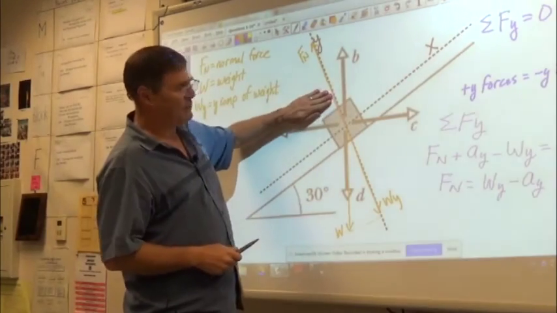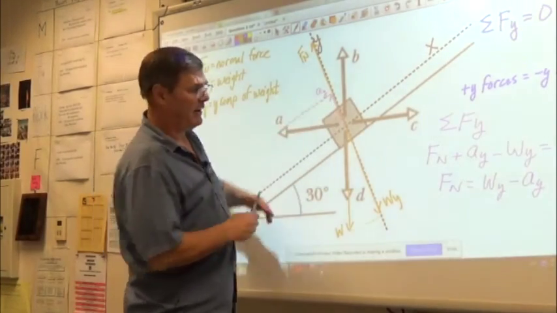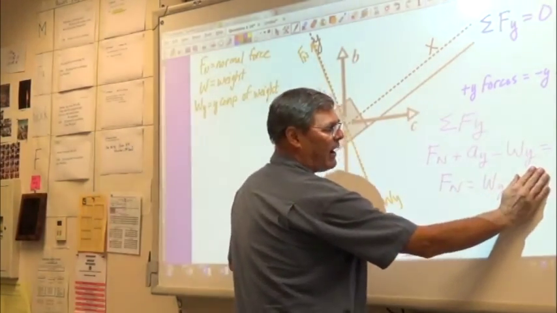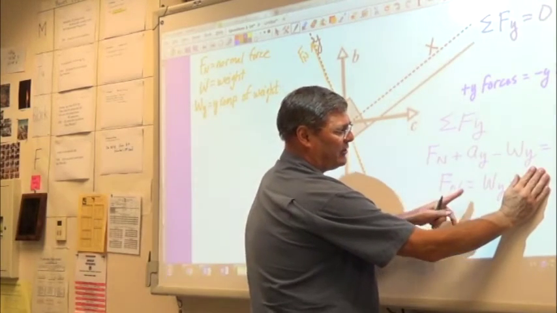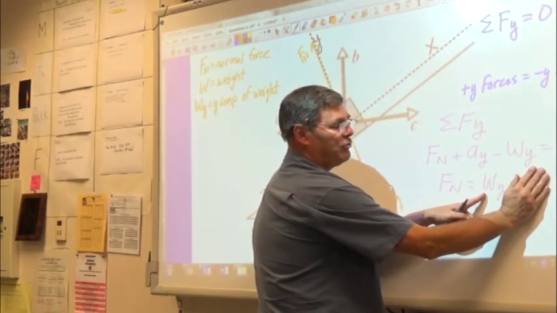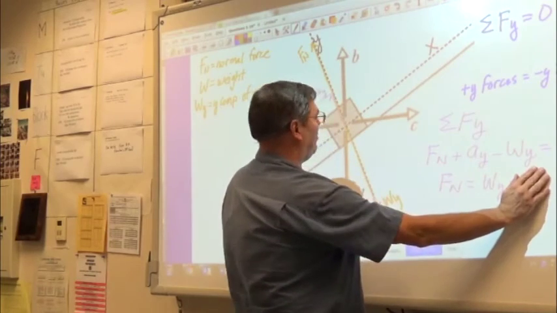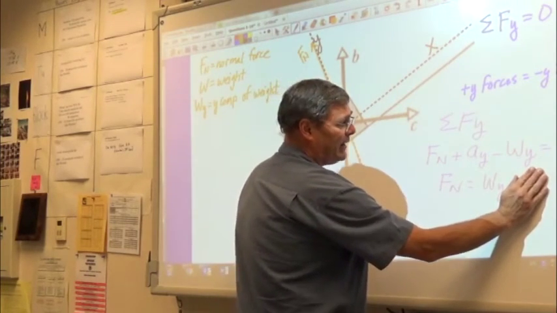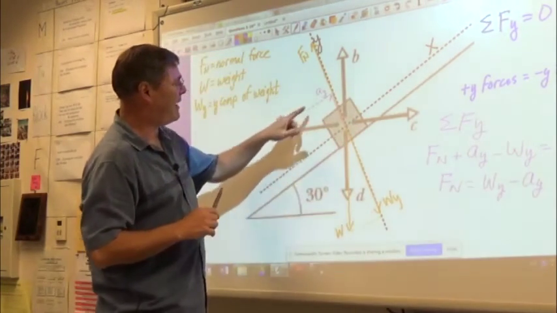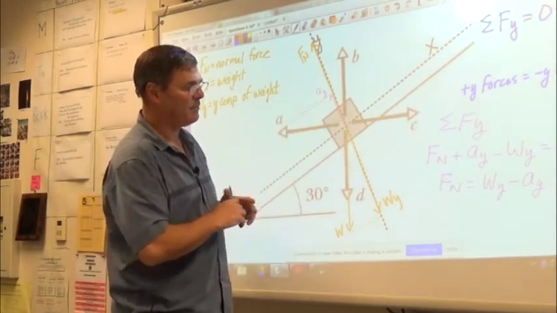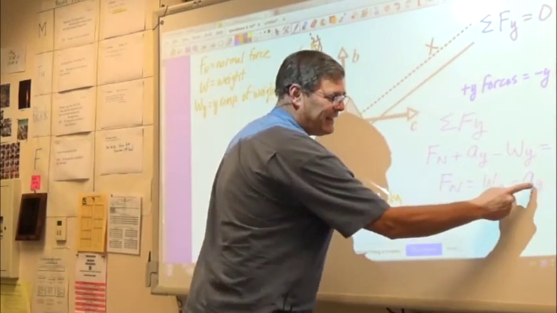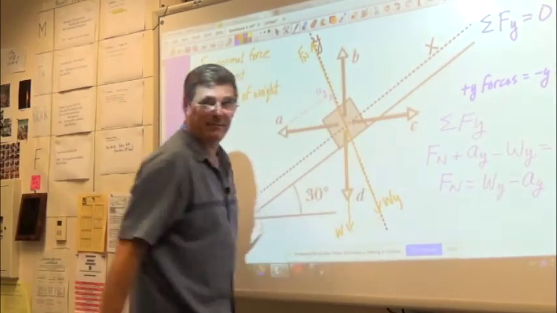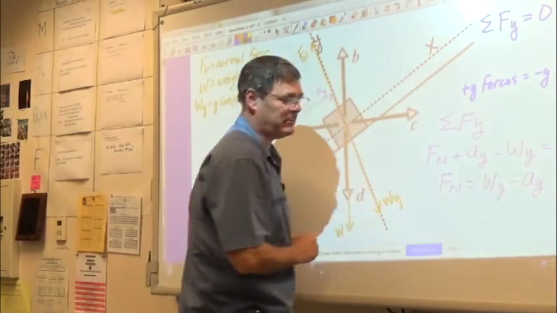So for a second, let's pretend A is not there. If A is not there, there is no y component of A, and the normal force is equal in magnitude to the y component of weight, and of course they point in opposite directions. But when A is there, now I've got this y component of A that takes away from the right side of the equation. It makes the right side of the equation become less.